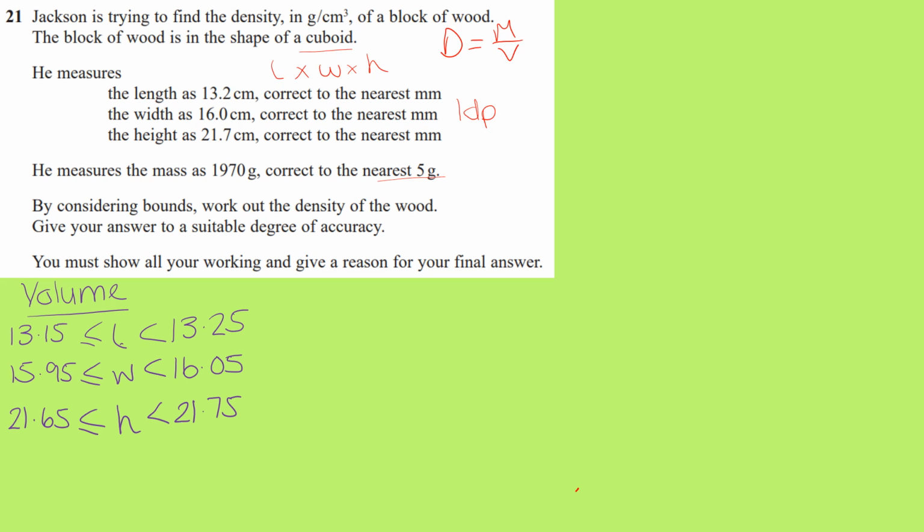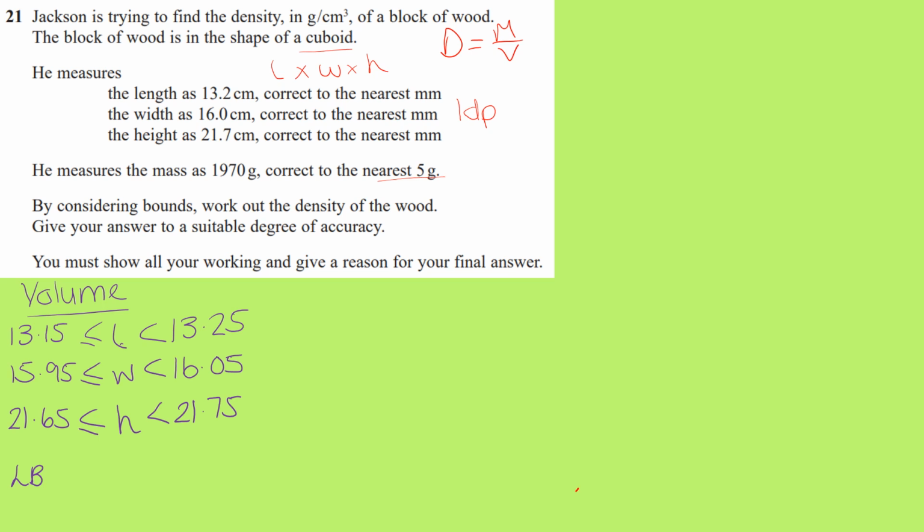Then if I'm going to look at calculating the volume, this is a multiplication calculation. This is probably the easier of the calculations to do with bounds, because to get the lower bound of the volume, I'm just going to multiply the three smaller values together, because the only way to get the smallest value of the volume is to multiply together the three smaller values.